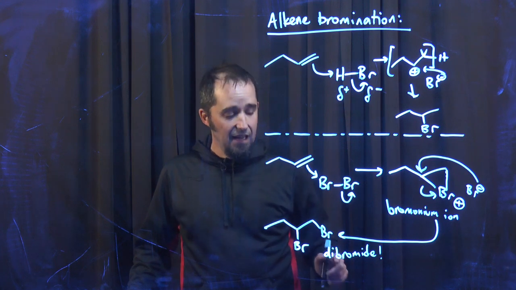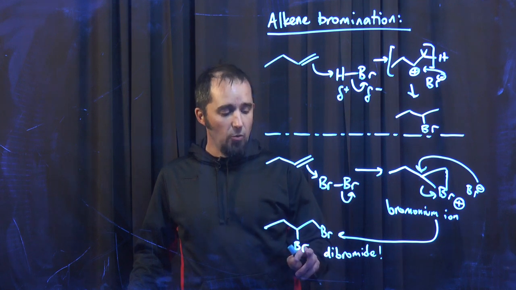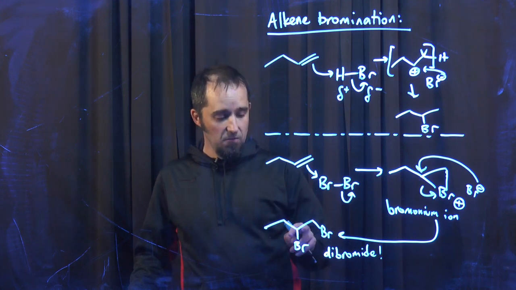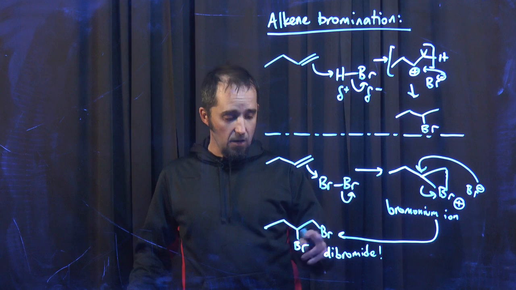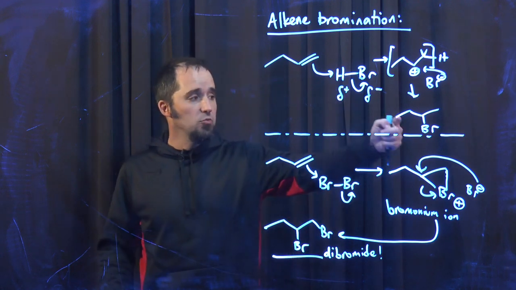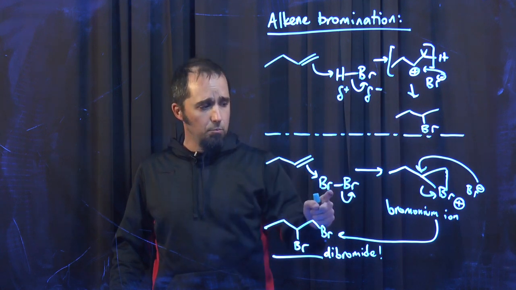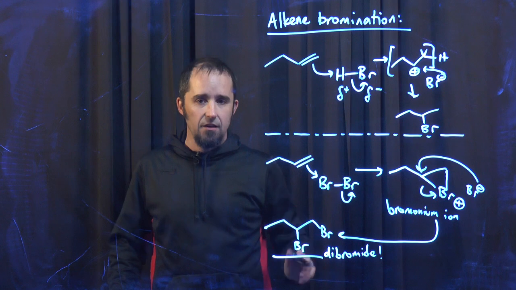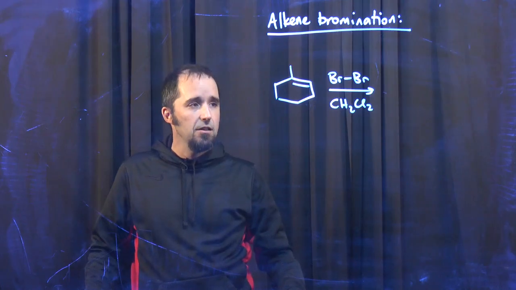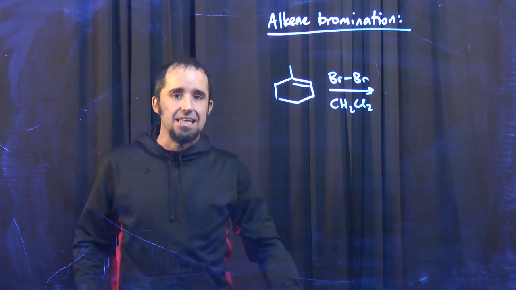What happens is I get a dibromide. All right, so again, two bromine atoms added to what we call vicinal or neighboring carbons, like this. So again, HBr only adds a bromine to this internal carbon, but when I react with Br2, I'm going to get a dibromide here.